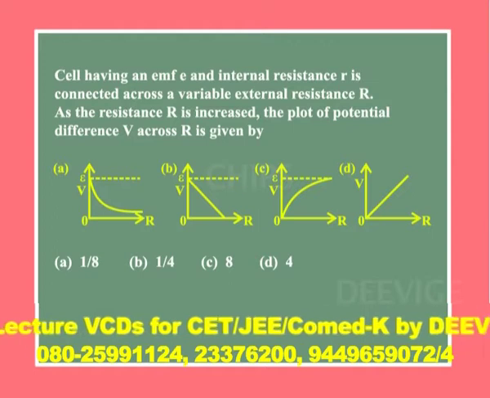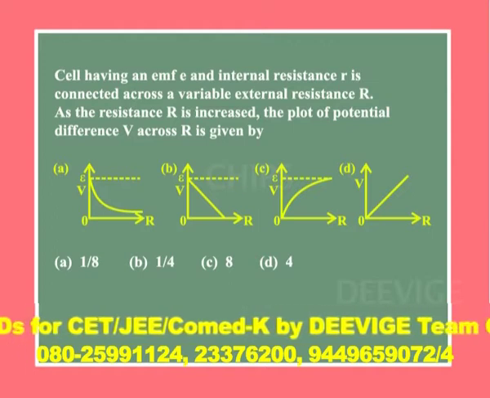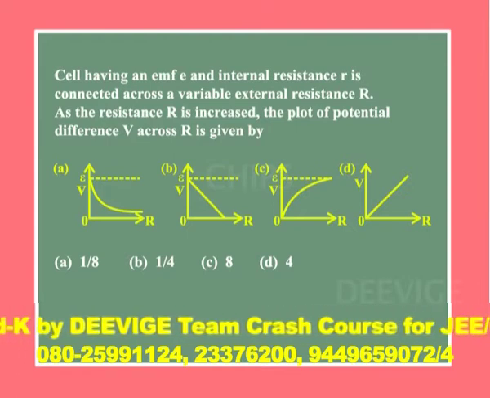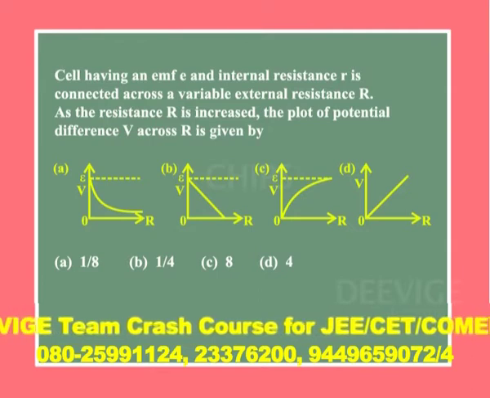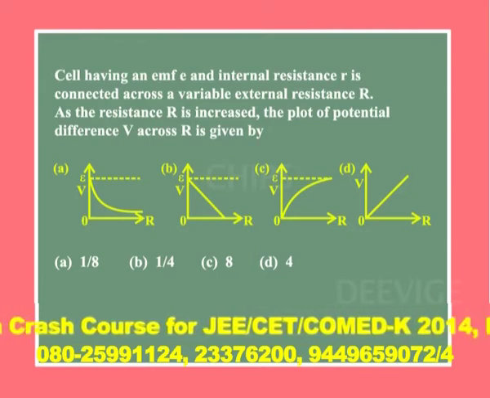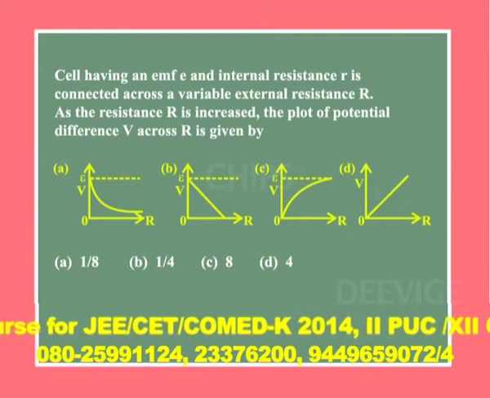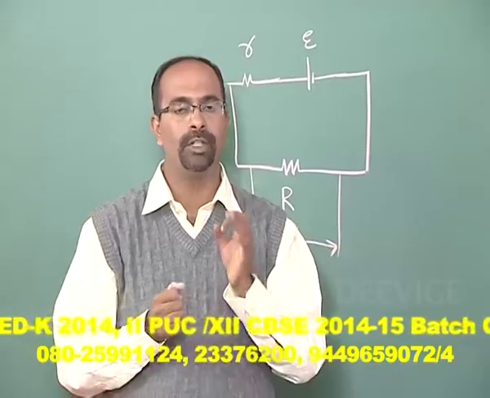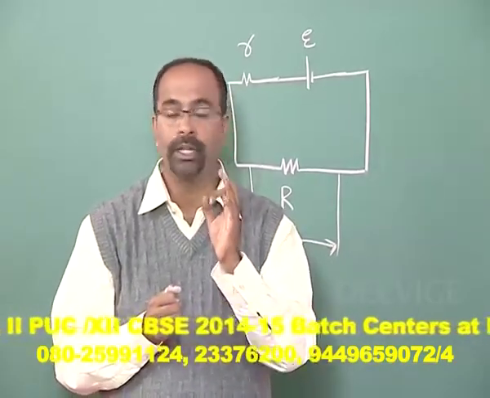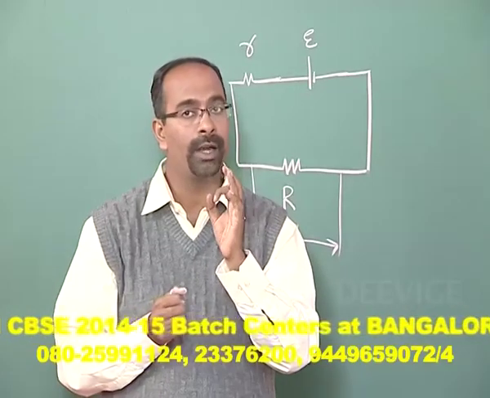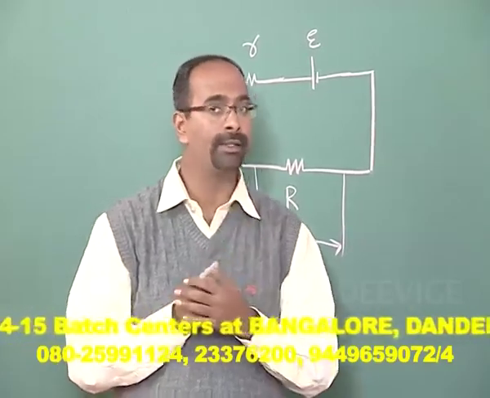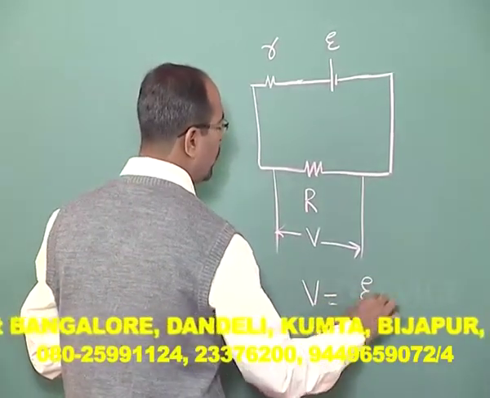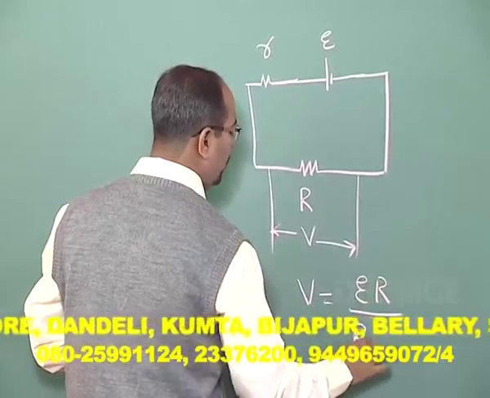Observe carefully. A resistance is connected to a voltage source of EMF E. The potential V in terms of EMF E and internal resistance r, and R is given by a very simple formula, that is voltage V is given by E into R divided by R plus r.